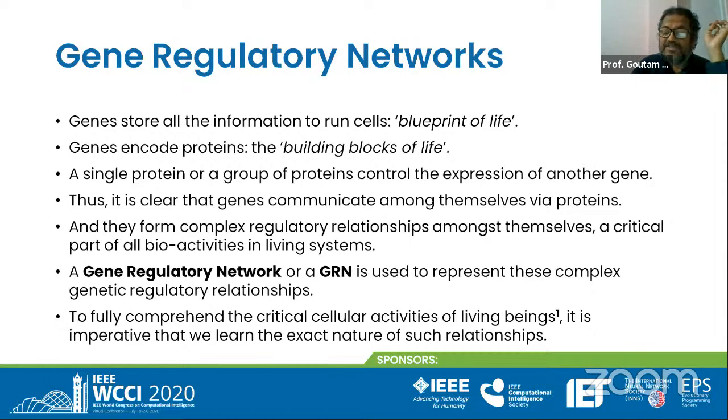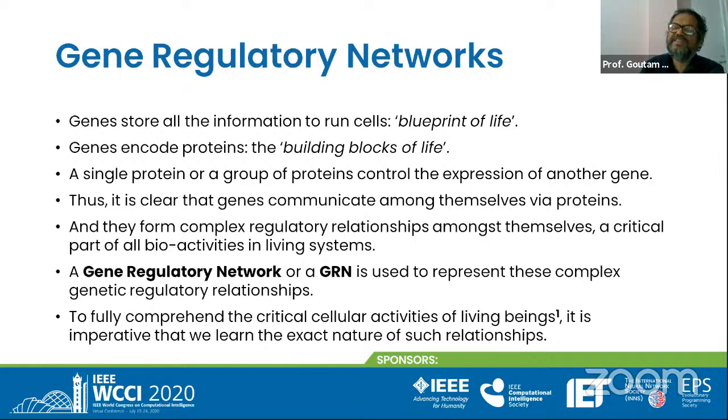Now what happens, you know, a gene produces proteins, and those proteins or a set of proteins act as a promoter for another gene. This promoter either switches on a gene or switches off a gene, or upregulates or downregulates it. What does it mean? A gene produces a protein, and that protein either switches on or switches off another gene or regulates another gene.